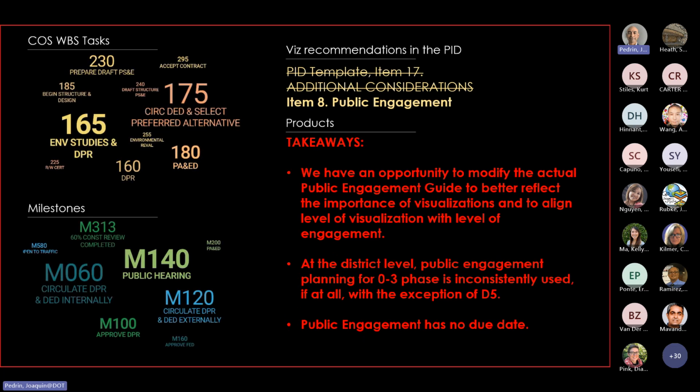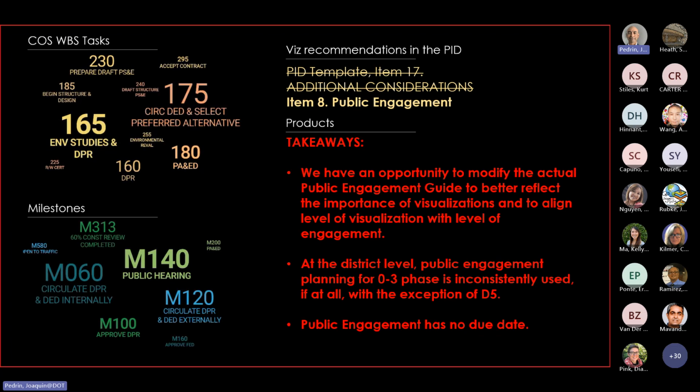So the takeaways: we have an opportunity to modify the actual public engagement guide to better reflect the importance of visualizations. The public engagement guide is a really good document that instructs a public engagement coordinator, or PM, on how best to reach out to stakeholders and how to fold in functional units such as public affairs and environmental early in the project development process.